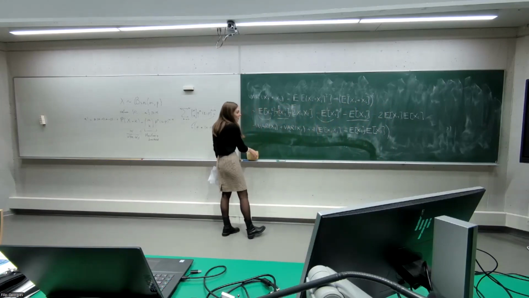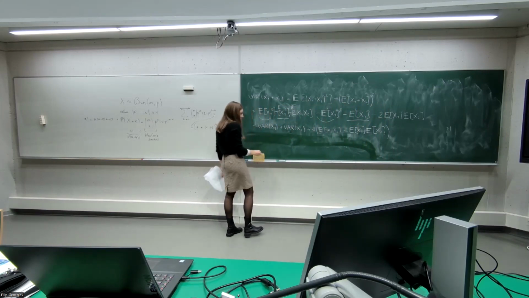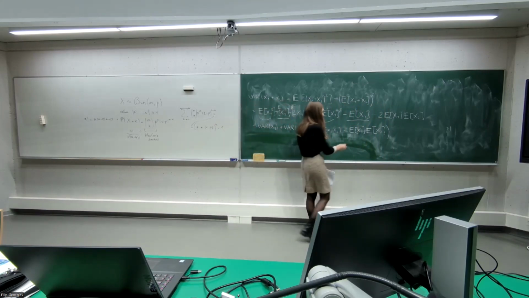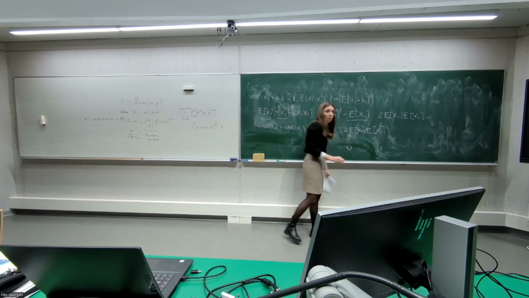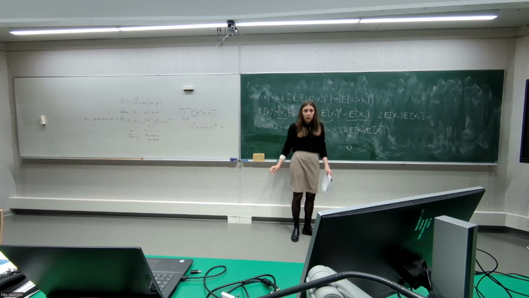So the variance of the sum is not the sum of the variances, but almost. It will be if this is equal to 0. This is called the covariance between x1 and x2.